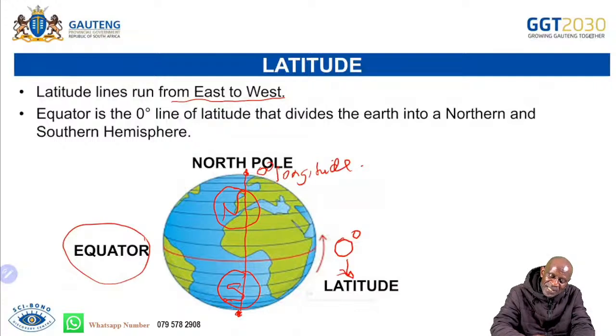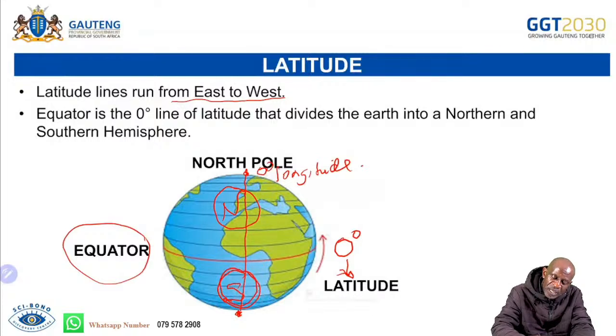So this division helps you know exactly what to do when you are in the south and you want to visit the north. It helps you to choose the appropriate items of clothing when you are visiting the north. We said if it's summer here, it is winter this side. So meaning that if you want to visit the north and it is during winter this side, you don't have to take with you the type of attire that would match the same season.